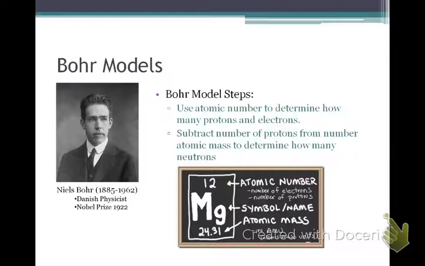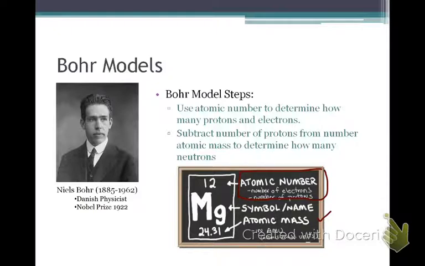So to create a Bohr model, the first step is to determine how many protons and electrons, and we can do that by looking at the atomic number on the periodic table. Then to find the number of neutrons, you're going to subtract the number of protons from the atomic mass. So we're going to look at magnesium right now, atomic number 12, and then I see that the atomic mass is 24.31.